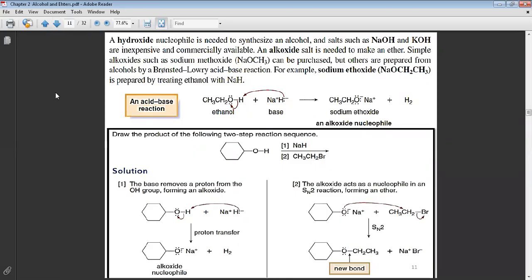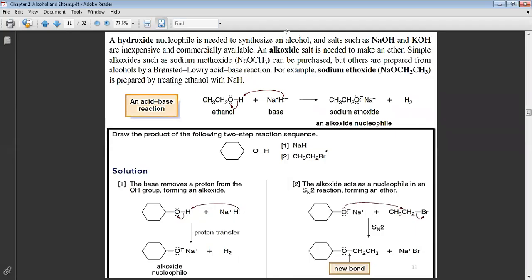Look here: a hydroxide nucleophile is needed to synthesize an alcohol. What does he say? He says hydroxide nucleophile. That means we need the hydroxide. Where is the hydroxide? This is the hydroxide. It is needed to synthesize an alcohol. Okay, now alcohol, no problem.